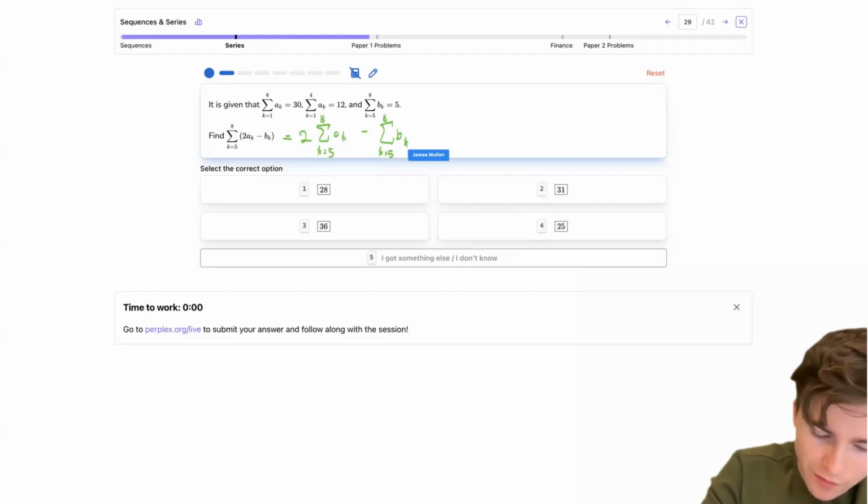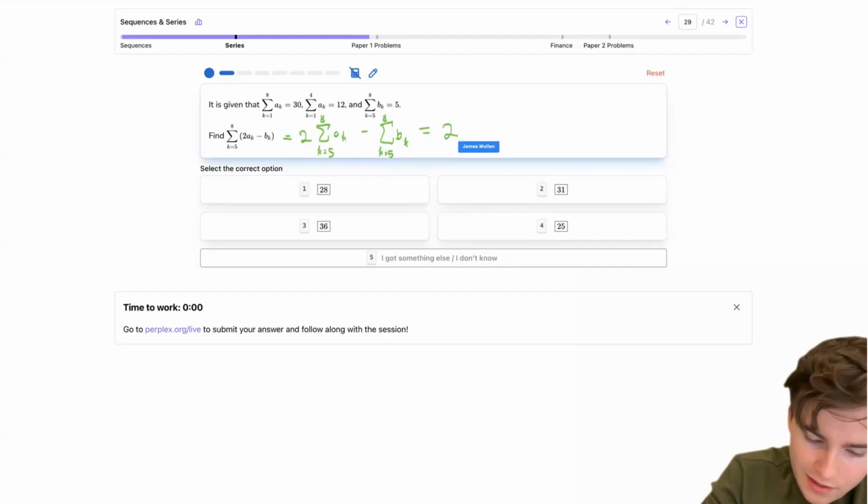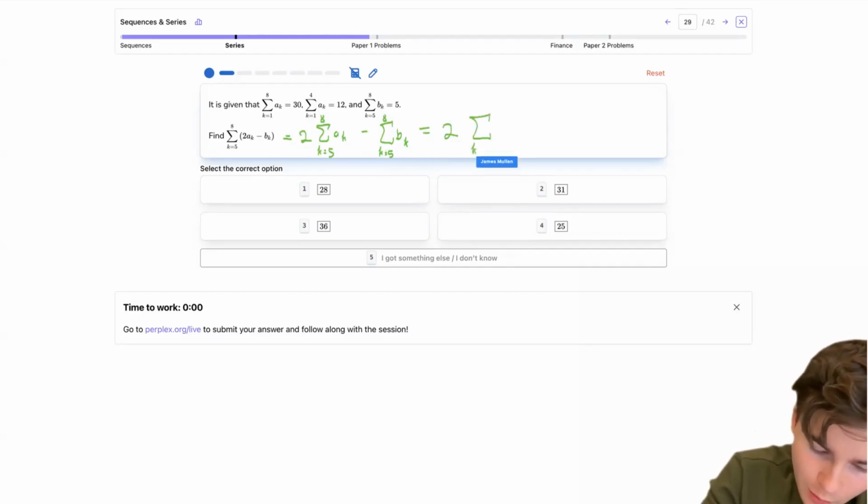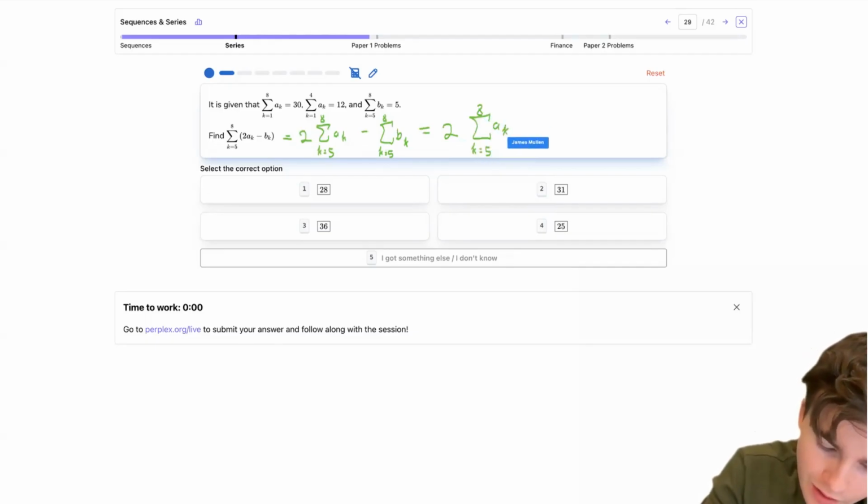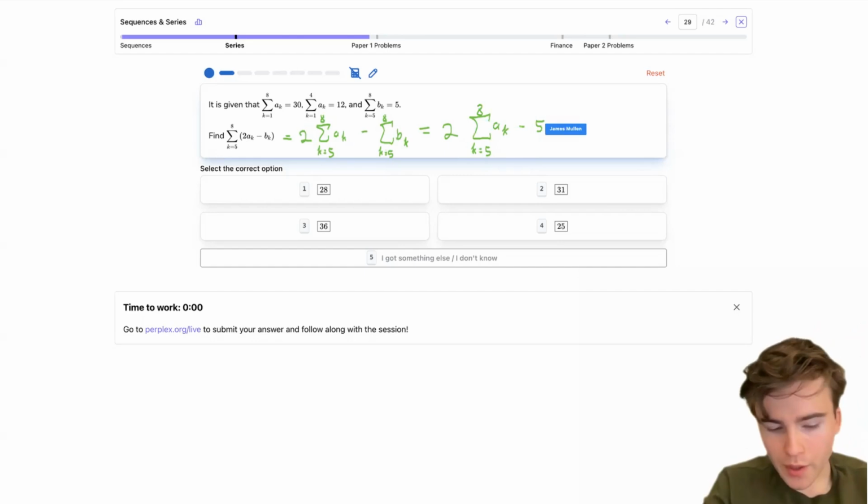And this latter thing is just 5, so I'm looking for twice the sum from k is equal to 5 up to 8 of a_k minus 5.